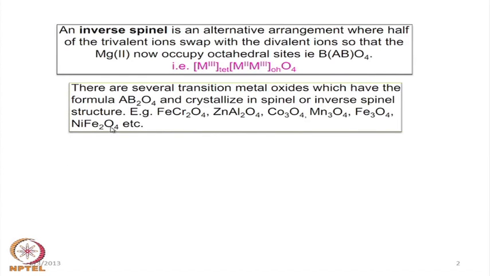So, there are several such spinel arrangements we can have using transition metal ions, that means transition metal oxides. As we have seen, the very basic one, from which the name comes, is magnesium aluminum spinel, where both were non-transition elements.